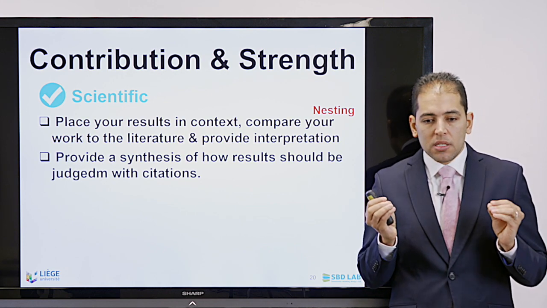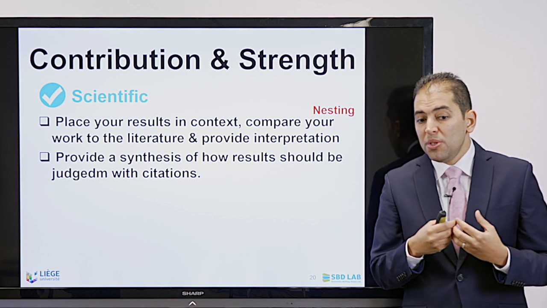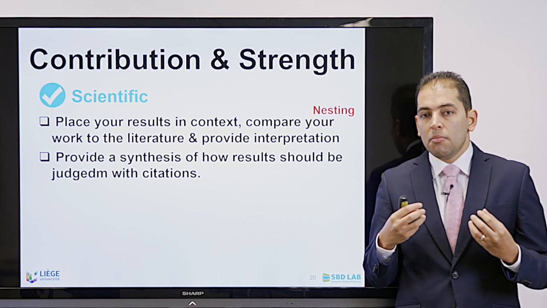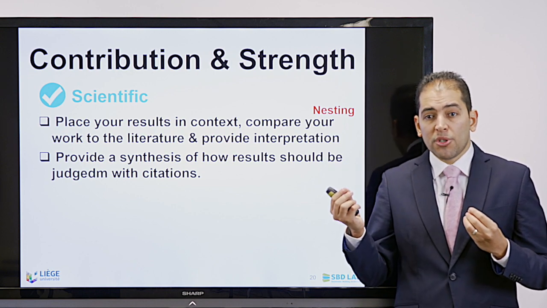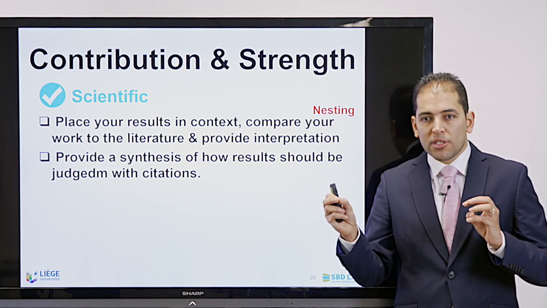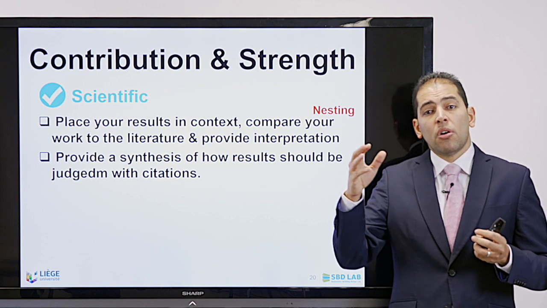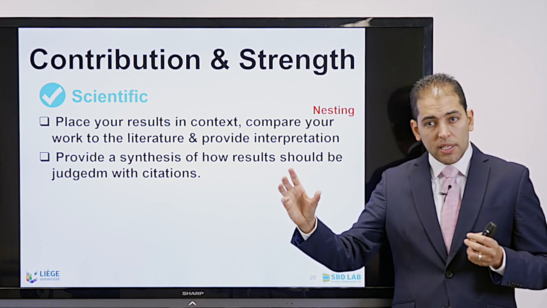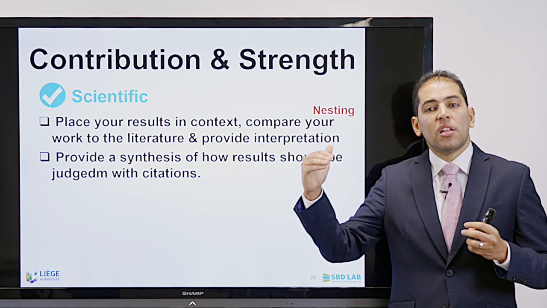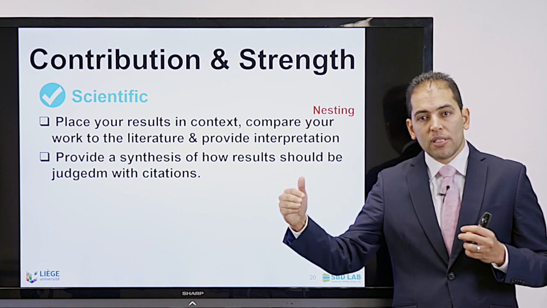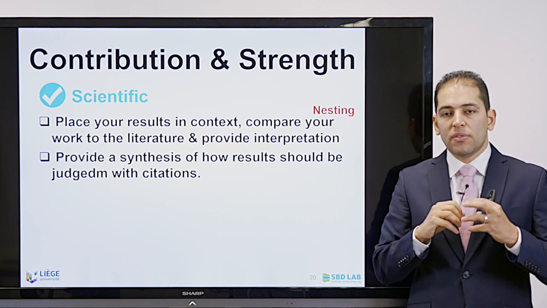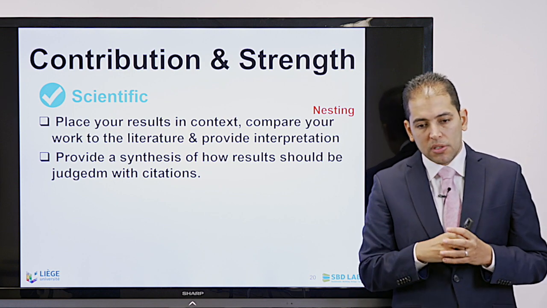Provide a synthesis of how results should be judged with citation, meaning that when you do this nesting and you are referring to others' work, you need to cite other works and you say, in comparison to the work of X, and you cite X, our work is slightly better, our work is significantly better, our work is remarkably better, our work is less relevant, and whatever the results you have.